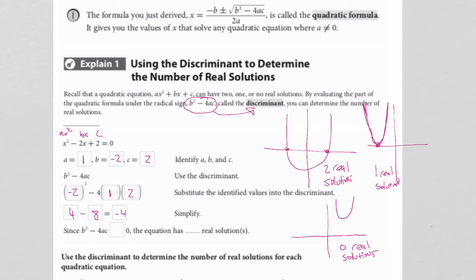So the way the discriminant works is basically if this thing, b squared minus 4ac, which is part of the quadratic formula, is less than 0, the equation has no real solutions. And it's going to be a graph that probably looks something like that. It never hits the x-axis.